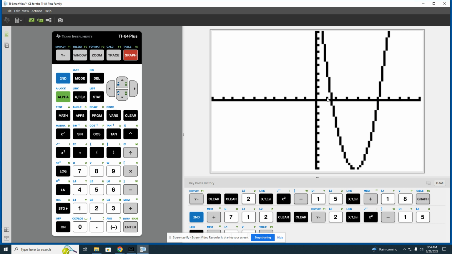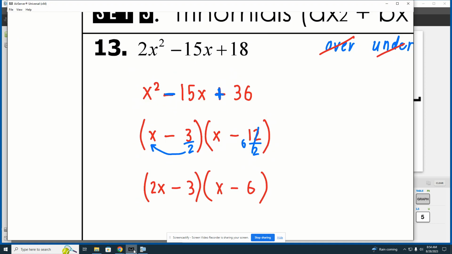Now, what was this again? 1.5. And what was this one? 6. Okay, remember that. Is there a connection between those solutions and my factors? Yes. Look, what were my factors again? 2x minus 3 and x minus 6.